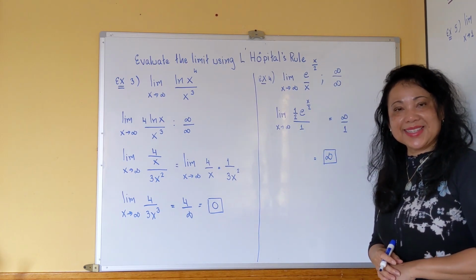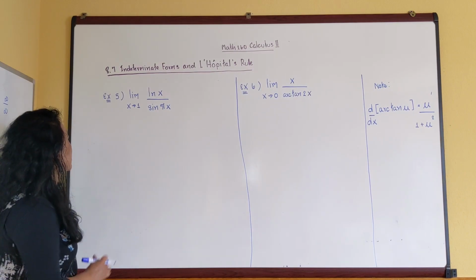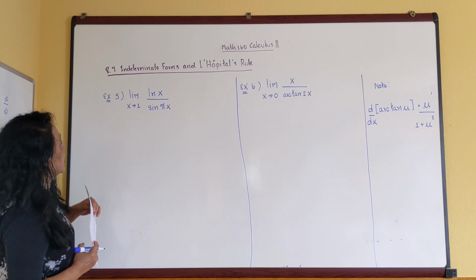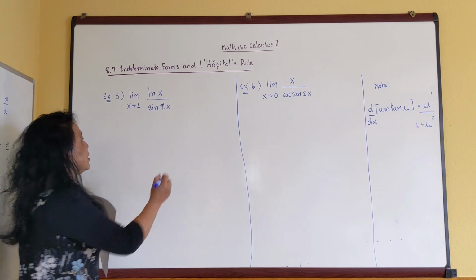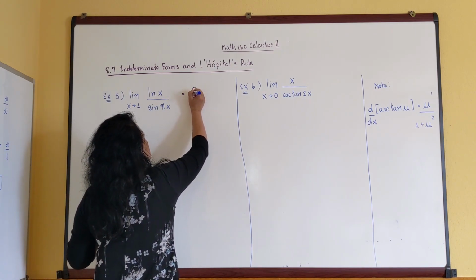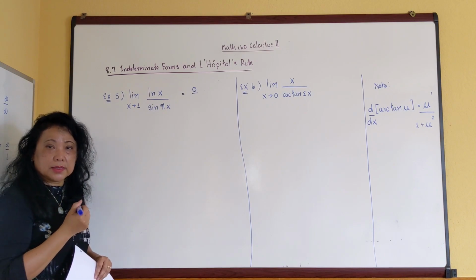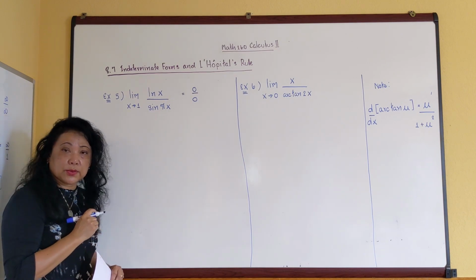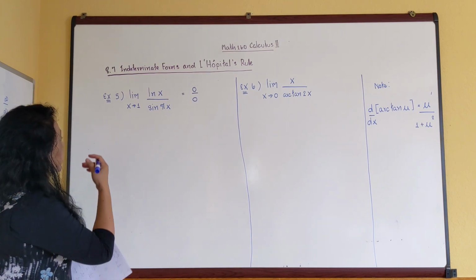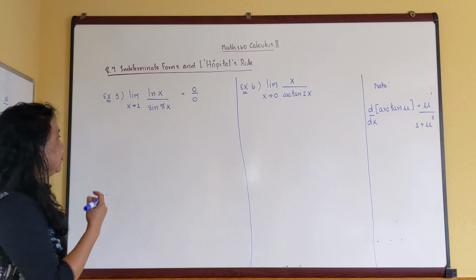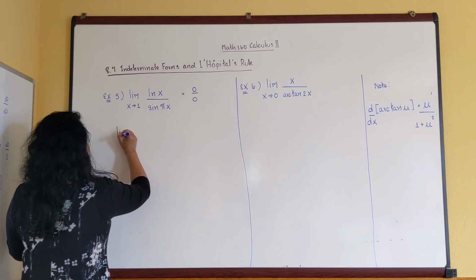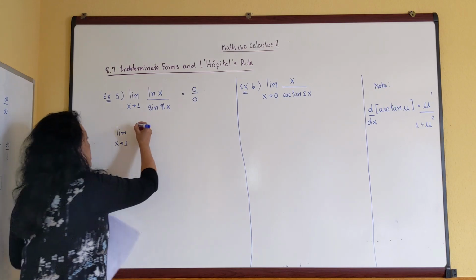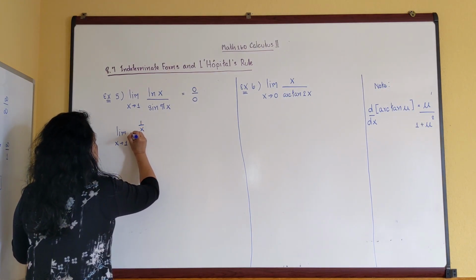Alright, let's go to the next example. Let's look at example number 5. If you substitute x approaching 1, ln 1 is 0. Sine of pi is also 0. So you have 0 over 0, and we can apply the L'Hospital rule. I'm going to take the derivative of the numerator separate from the denominator. The derivative of ln x is 1 over x.